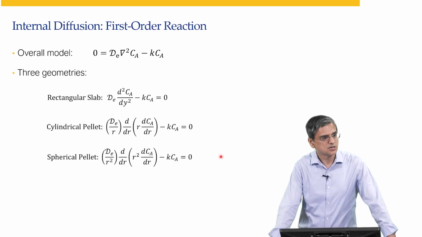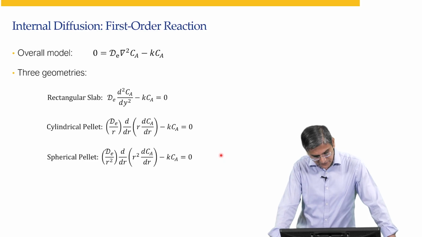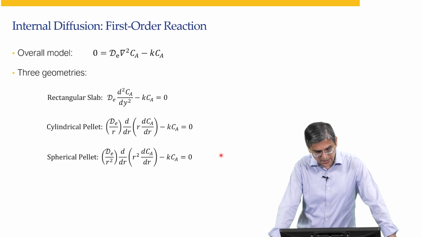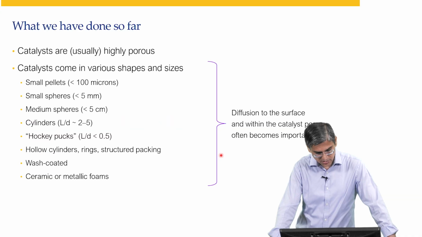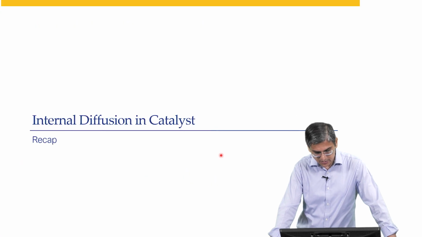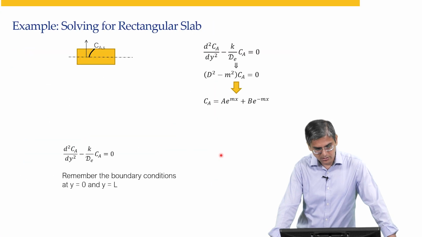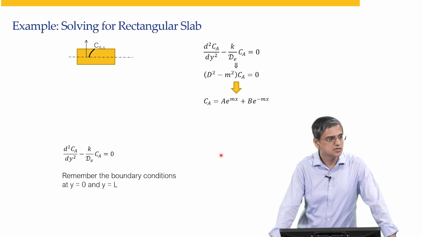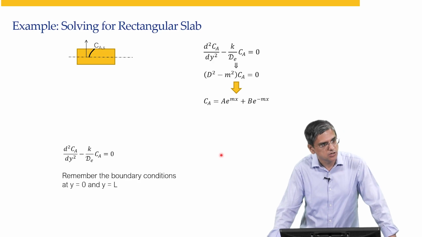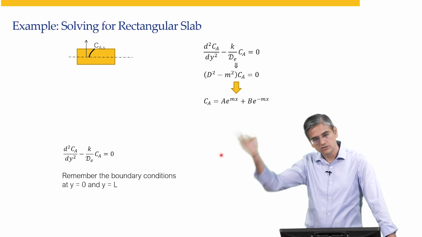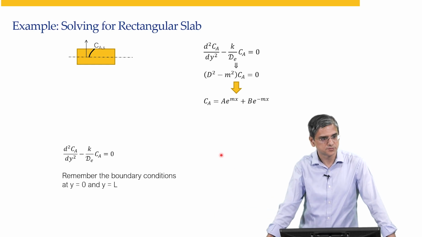After that is our exam day, and after the exam we will skip all of these derivations and directly go to using the concepts of what is called the Thiele modulus and overall efficiency factor. We will directly start solving a problem and then go to understanding the concepts.